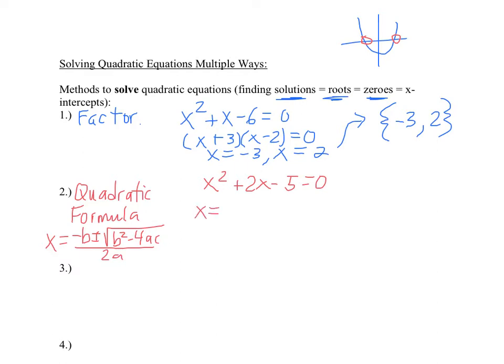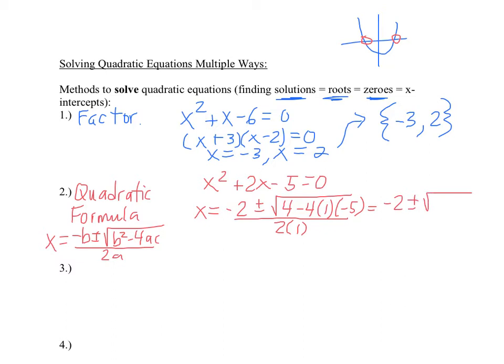x is going to equal negative b, so that's negative 2, plus or minus the square root. b squared will give me 4, minus 4 times a times c, all over 2a, so 2 times 1. So let's clean this up. Negative 2 plus or minus... be careful underneath your square root.